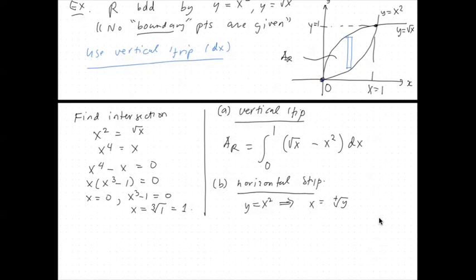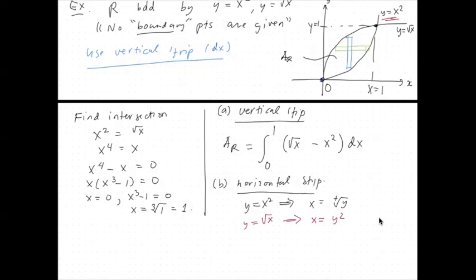And then the other one is y equals square root of x. Then this means that x is equal to y squared. So this is your upper now. Let me draw this. And then we integrate from 0 to 1.